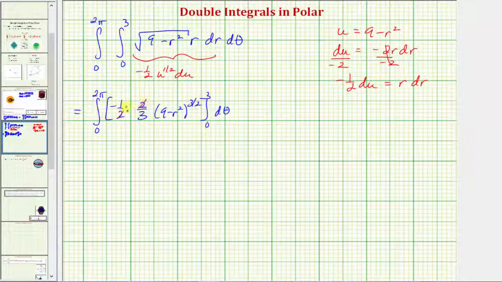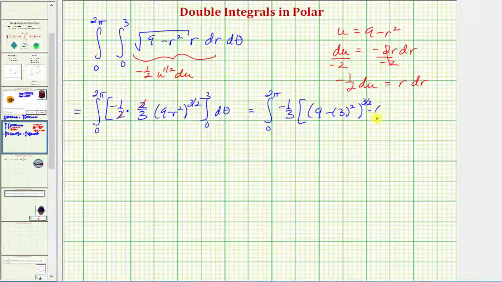Notice how here this simplifies nicely to negative 1/3. So we'd have negative 1/3. And then when r is equal to 3, we have the quantity 9 minus 3 squared to the 3/2, minus, when r is 0, we have 9 minus 0 squared to the 3/2.